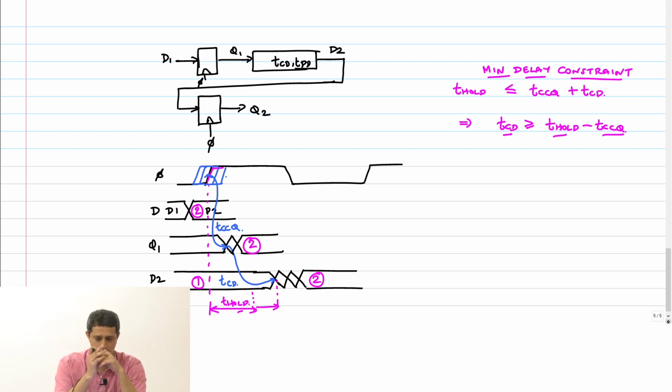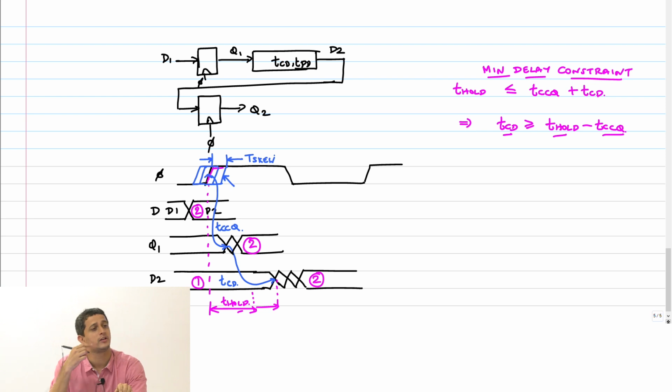To the right, because I now need to ensure that D2 is held for long enough after this edge, right? So if you look at this delay, it is T skew. From there, I need to ensure that there is enough hold time.